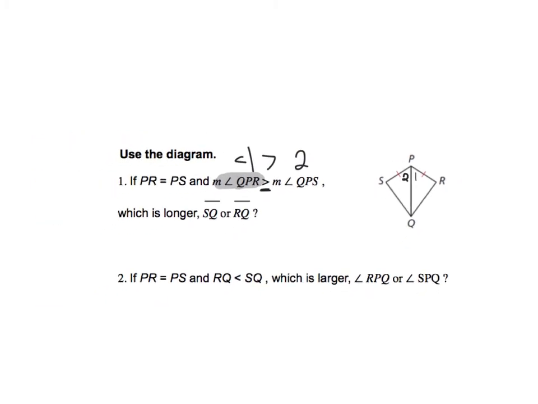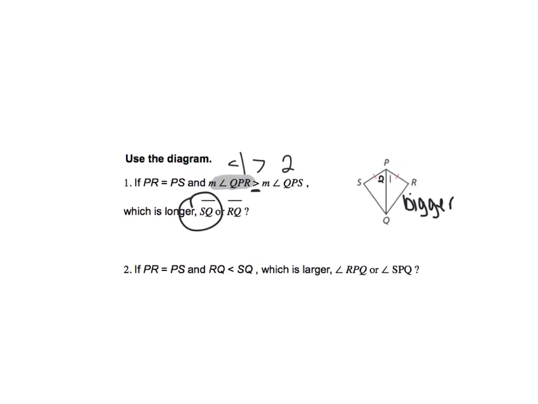It says that angle 1 is greater than angle 2, which means the side opposite of angle 1 is going to be bigger than the side opposite of angle 2. So which side is longer, SQ or RQ? SQ is going to be longer because it's opposite the larger angle.